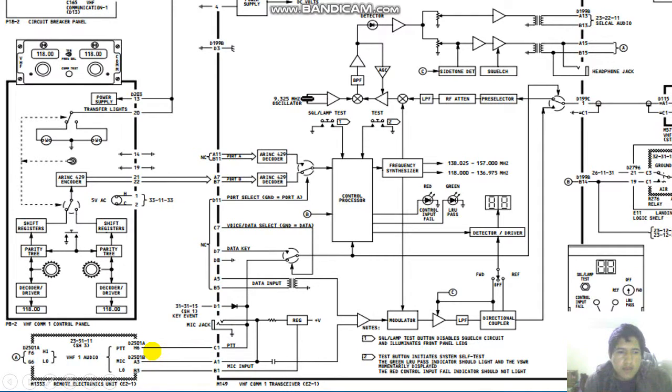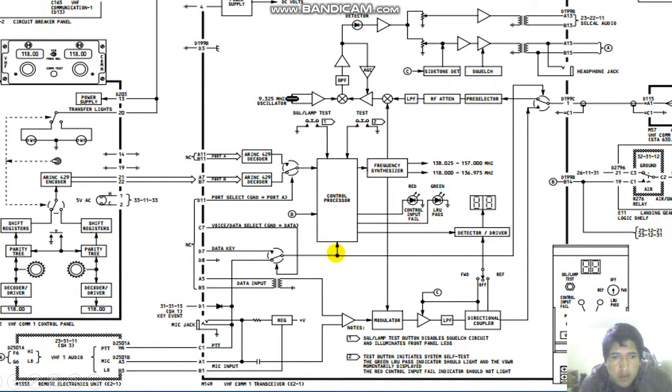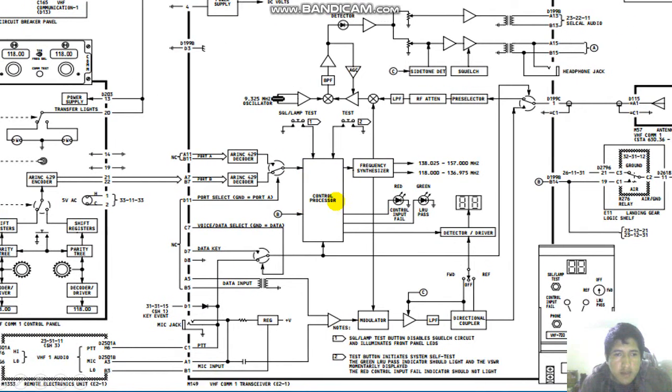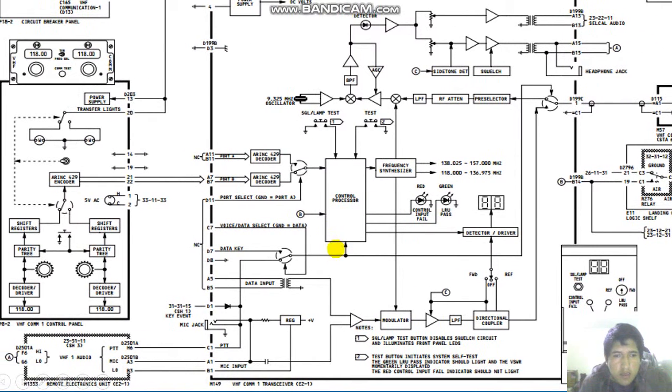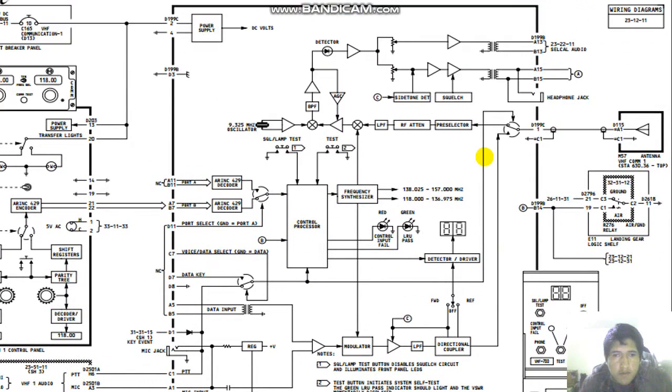So when you push the PTT, the information arrives through these lines. Then the information is processed in the control, and then the information goes to this component.